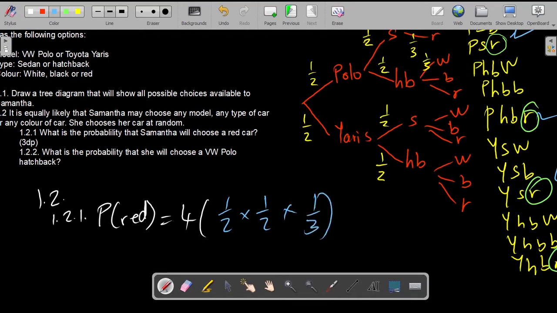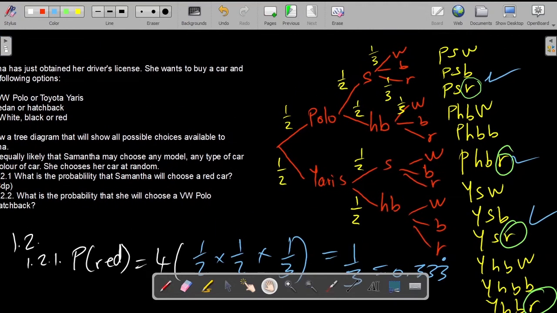So picking a Polo or Yaris, then picking the hatchback or sedan, and finally picking a color should give you the final answer of 1 over 3, and that is your answer. You can write it as this as well. That should be fine. And that is how you basically do this.